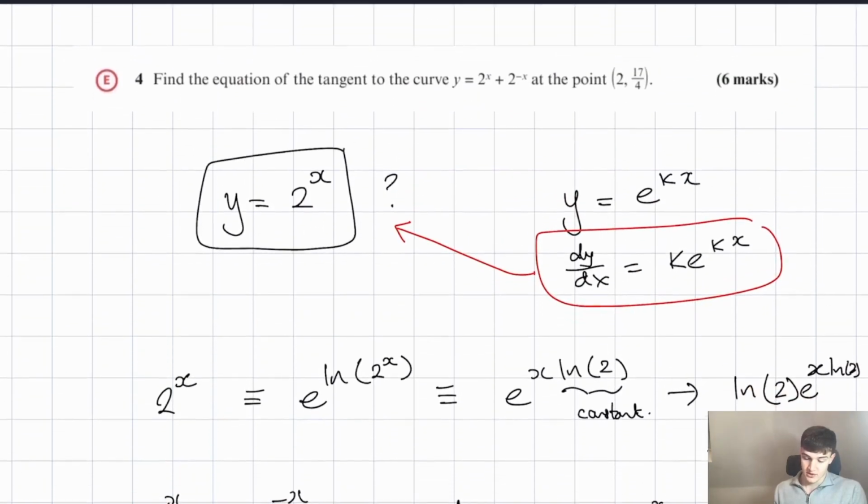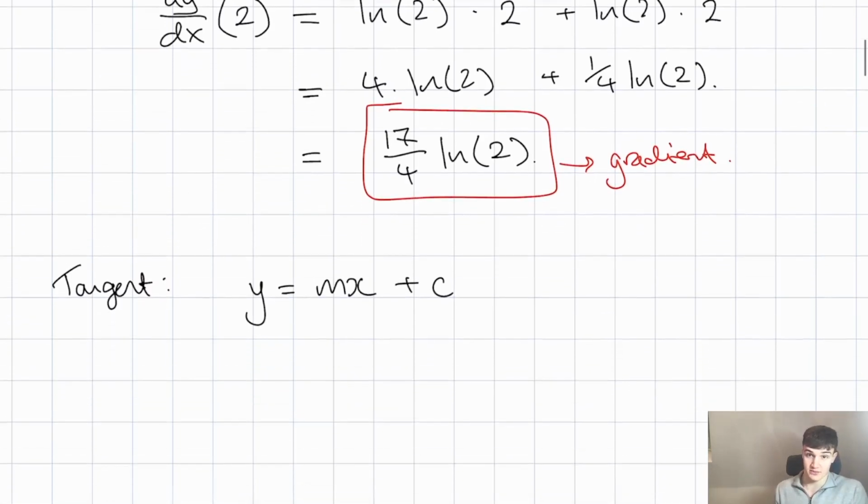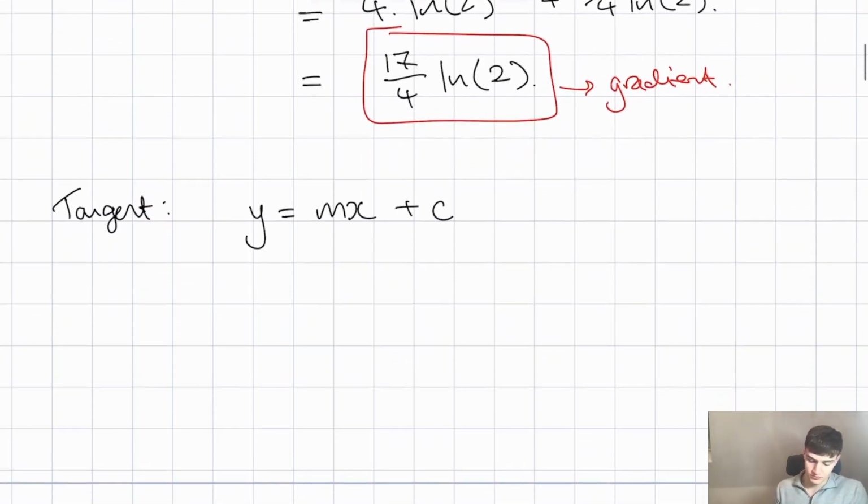Let's write out the general equation for the tangent. It's just a straight line, so y is equal to mx plus c, where m is the gradient that we've just worked out. So y has to be 17 over 4 ln 2 x plus c.